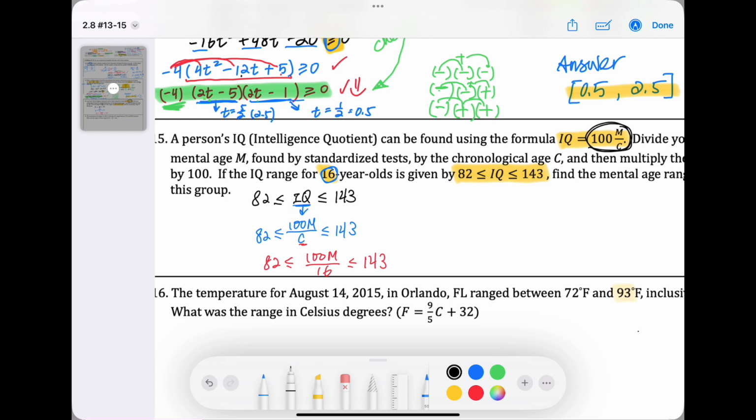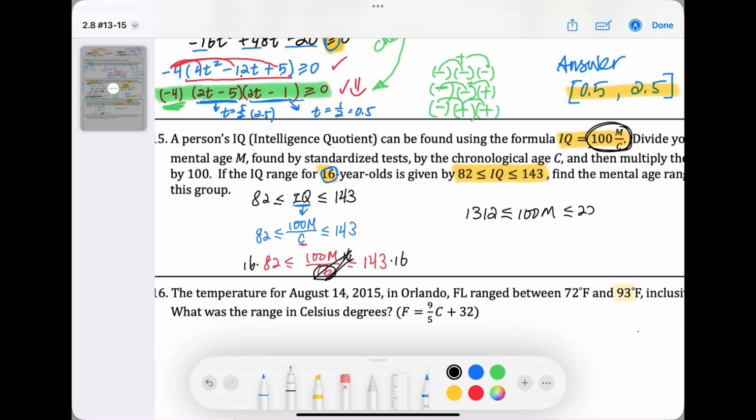Housekeeping. I don't like my denominator 16. How do I get rid of that? Times 16. Everybody times 16. So that cancels out. I get 16 times 82, which will be 1312, and that is less than or equal to 100m, less than or equal to 143 times 16.